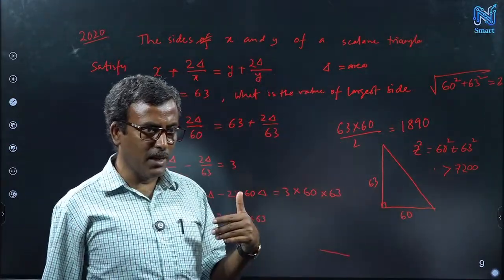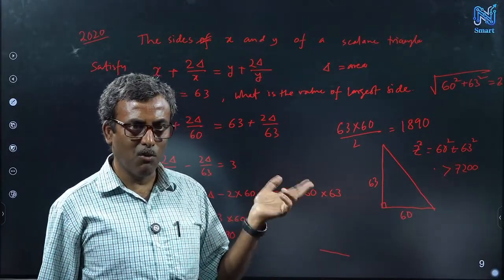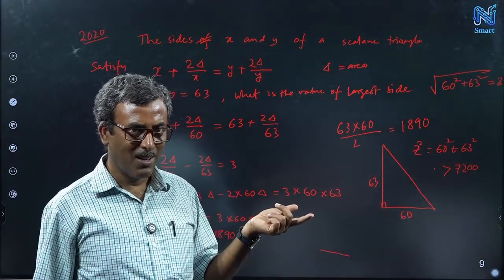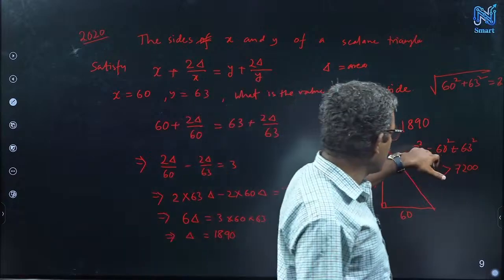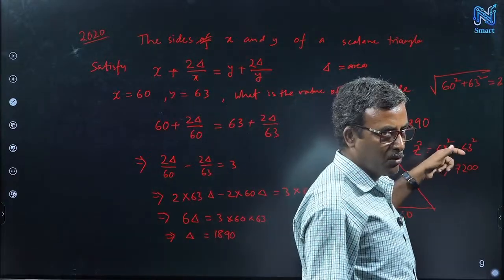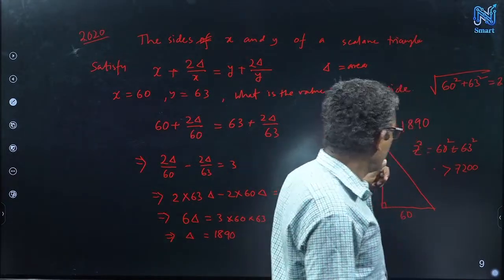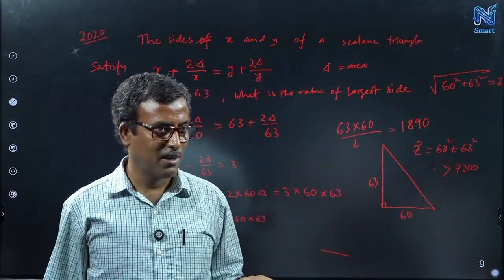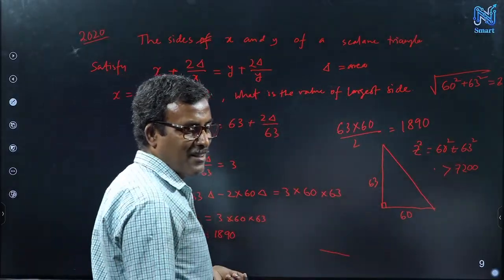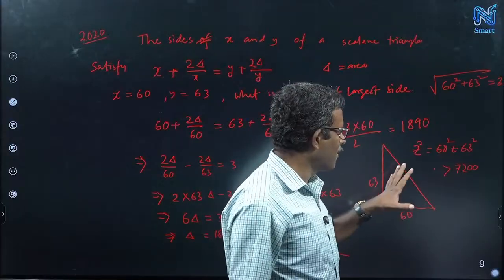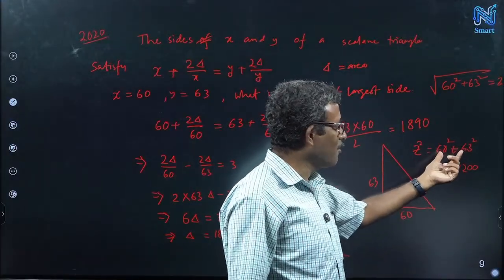It should be less than 90, right? 90 square is 8100, so it is obviously less than 9000. So, it is 83 or maybe 87. Whatever, I do not want to calculate all these things.